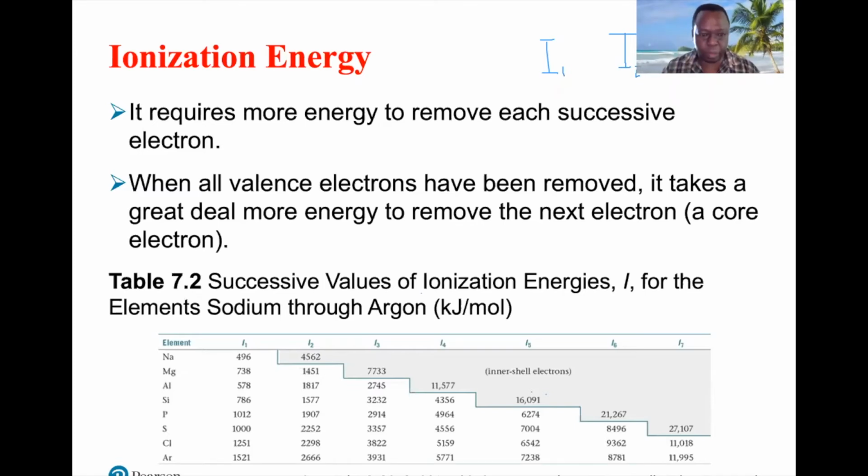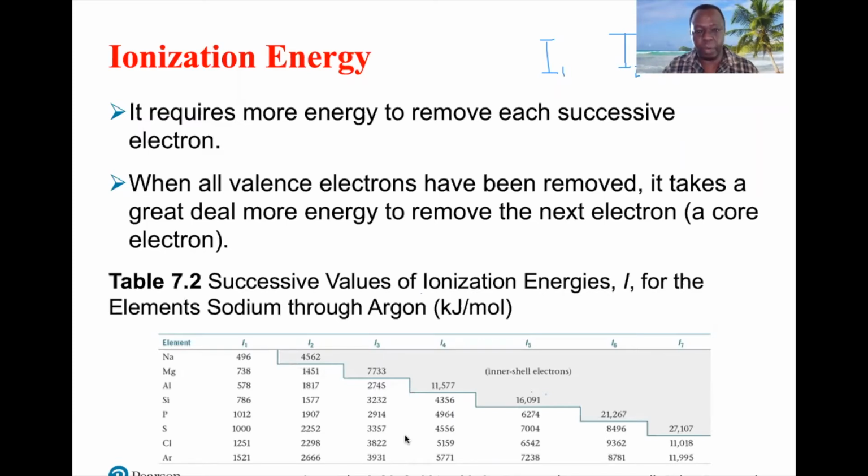So first ionization energy, 578. We remove 1 electron. Then we remove the second electron from already positive aluminum. This is second ionization energy. And the last valence electron is more difficult to remove.